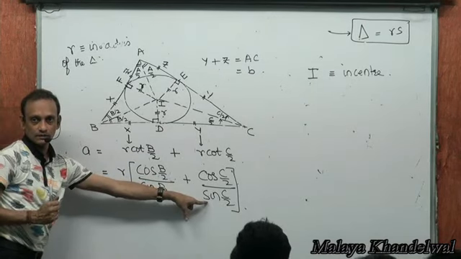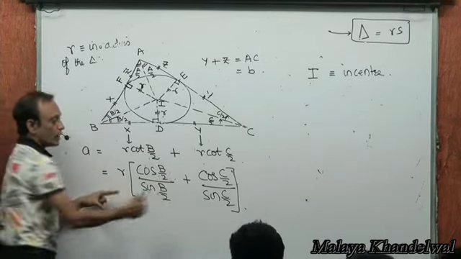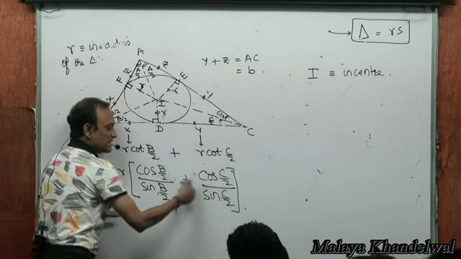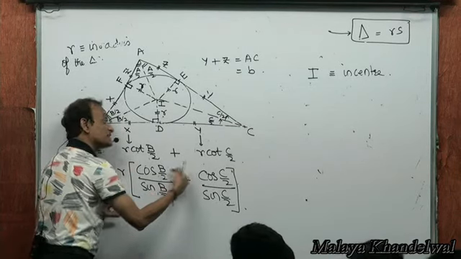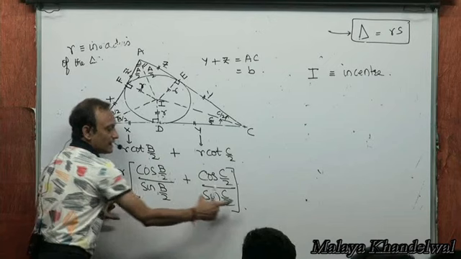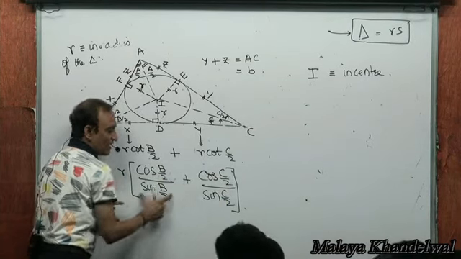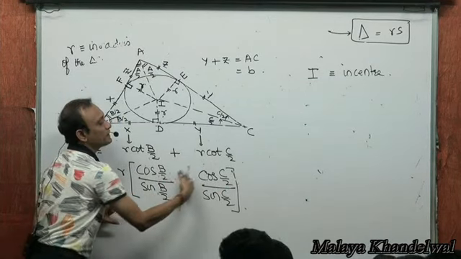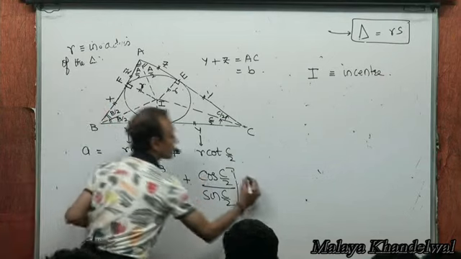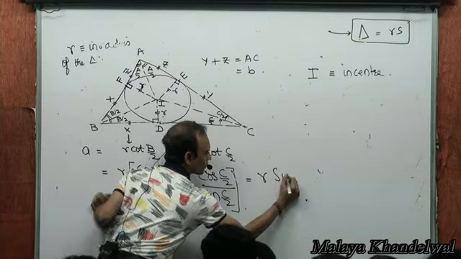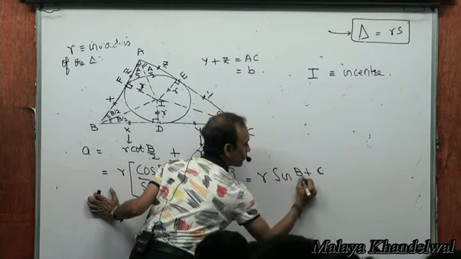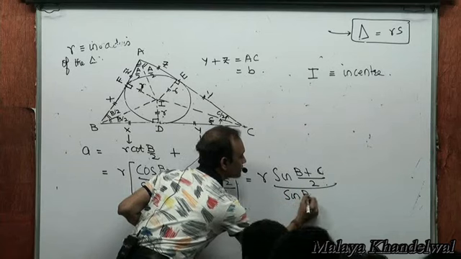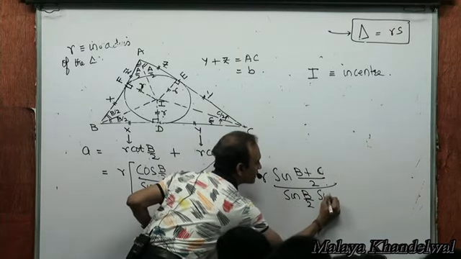Clear? Now I multiply: sin B by 2 cos C by 2 plus sin C by 2 cos B by 2. The numerator, sin x cos y plus sin y cos x, is sin of x plus y. The numerator will reduce to sin of (B plus C) by 2, divided by sin B by 2 into sin C by 2. How about it?